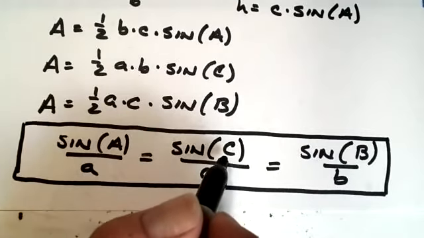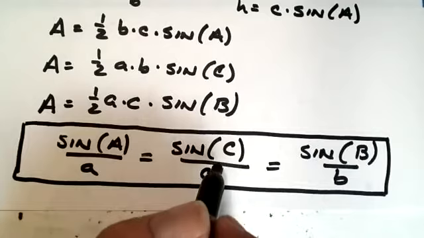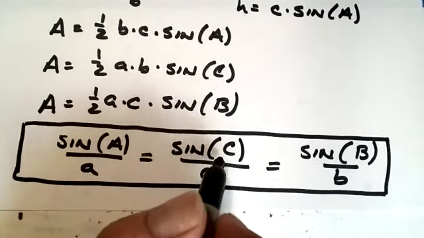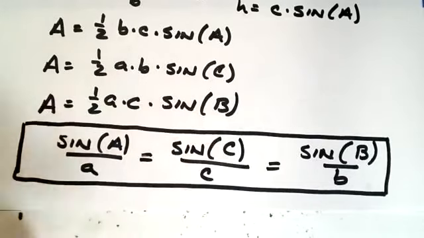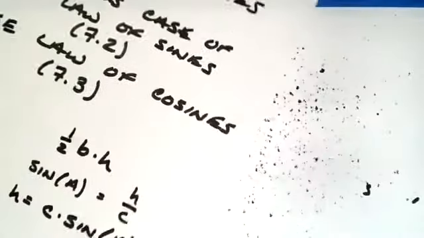Because sine of 0 will be 0, and you can't have 0 in the denominator. But think about what that would mean for a triangle. That means the angle in question has to be either 0 or 180, which isn't a triangle. So it all works out consistently.